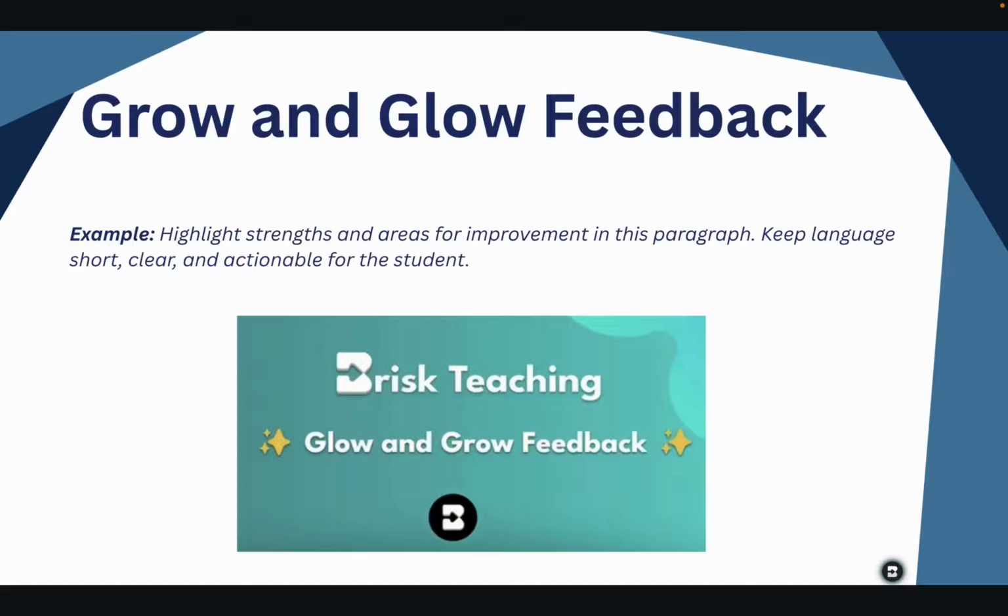If you have this, you can go in and tell it to highlight the strengths and areas for improvement in this paragraph. Keep your language short, clear, and actionable for the student. Once you put that in, Brisk will actually give you those grows and glows for your students.